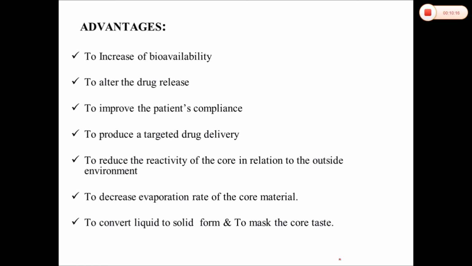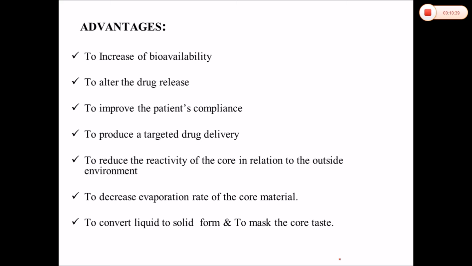Whatever drug release we require can be achieved, and second, whatever bitter-tasting drugs there are can be masked with the help of different polymers. Different polymeric mechanisms can be used for the release purpose, and there are processes like sugar coating or tablet coating.